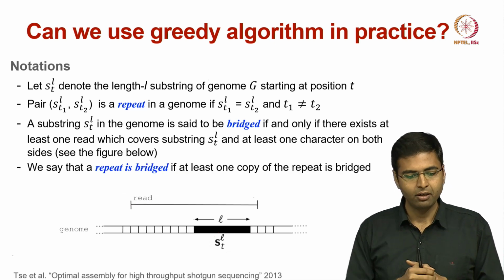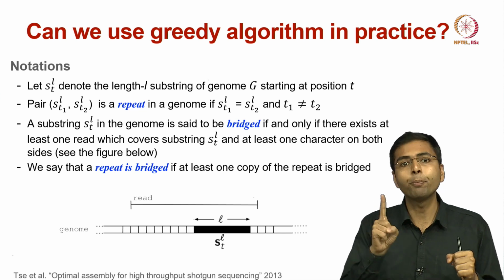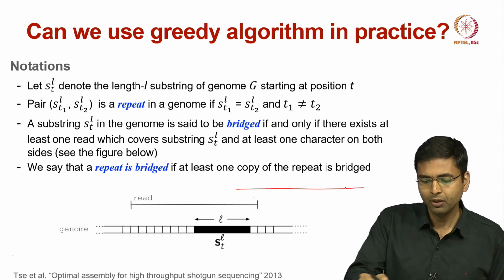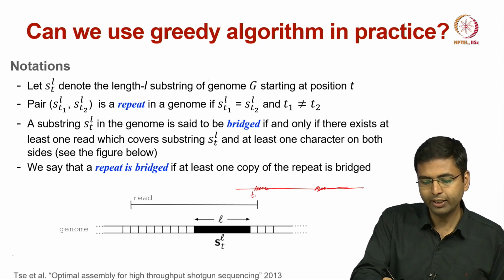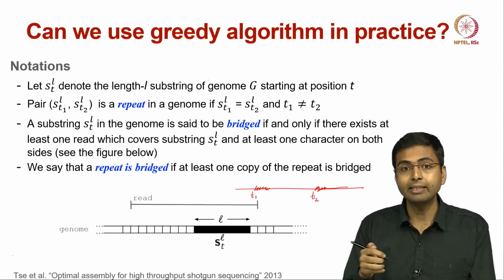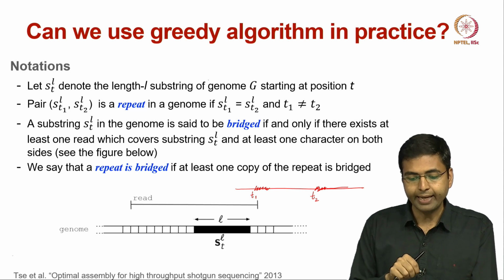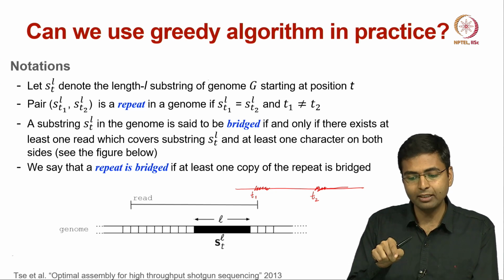Finally, we can say that a repeat is bridged if at least one copy of the repeat is bridged. So, if you have a genome where you have a repetitive substring, so you have a substring starting at T1 and another substring starting at T2 and let us say these two substrings are identical, then this repeat is said to be bridged if at least one of these copies is bridged.